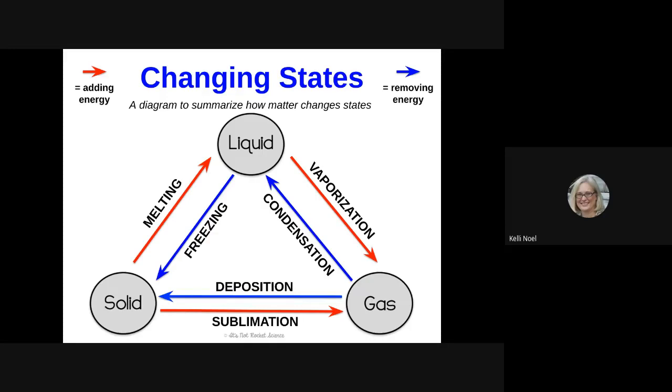And then you've got the blue arrows on the inside, which is removing energy. If I go from a liquid to a solid, it's freezing. If I go from a gas to a liquid, it's condensation. And another term you might not be familiar with, you can go straight from a gas to a solid, and that is deposition.